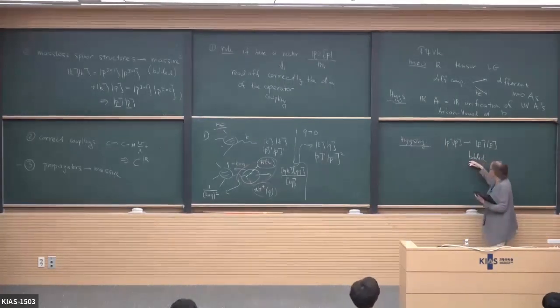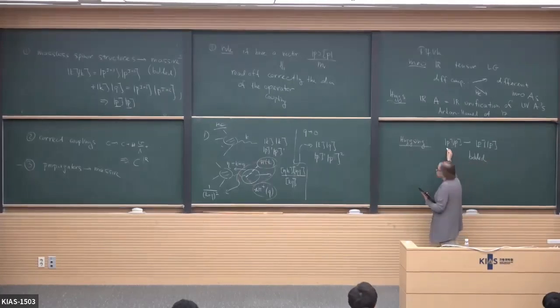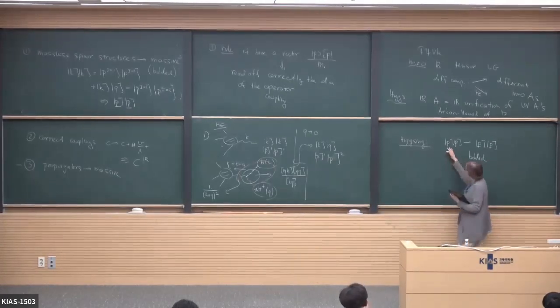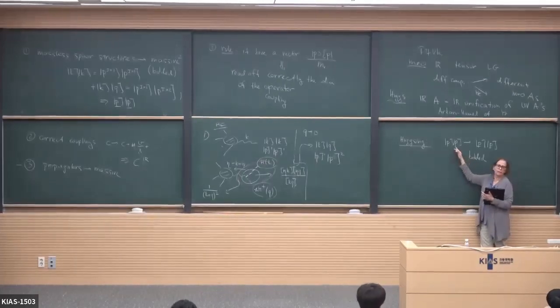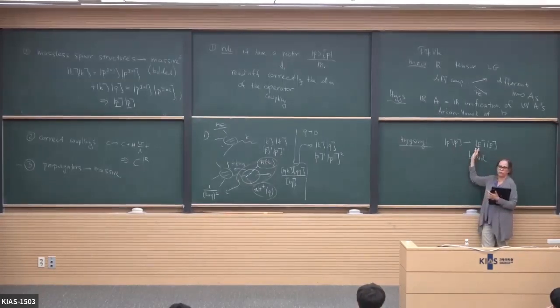And if you think about what this bolding really is, the only thing I need to know is about Lorentz. Here I have something that transforms in a certain way under Lorentz, and all I'm doing is saying Lorentz tells me that it's got to be bolded.